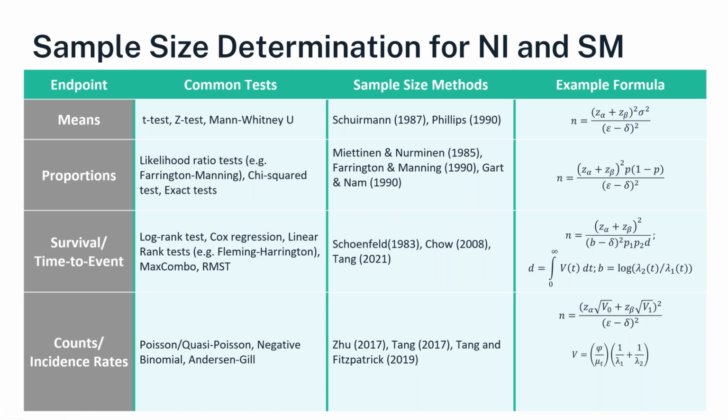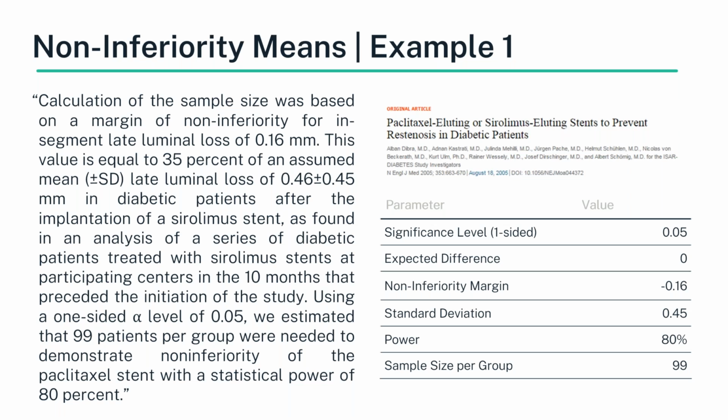So now that we've got that covered, we can actually move on to our first worked example of the day. And this comes from a study published in the New England Journal of Medicine, comparing two stents in diabetic patients.